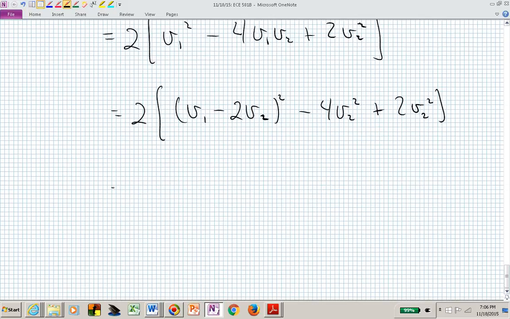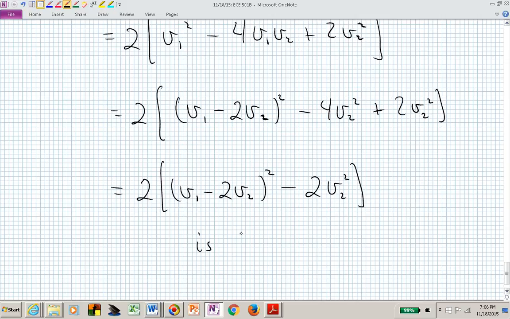And now we end up with a different looking behavior on this quadratic form. We now have V1 minus 2V sub 2 squared minus 2V sub 2 squared. And we can't determine a sign that it will consistently be, so this particular expression is indeterminate.